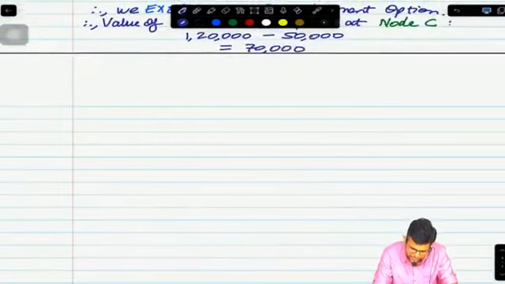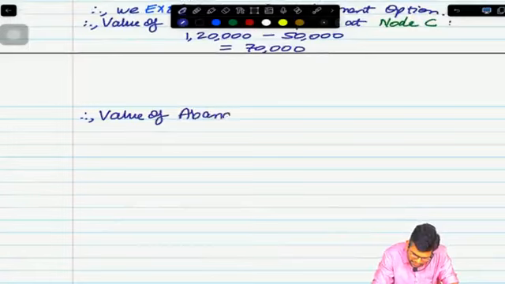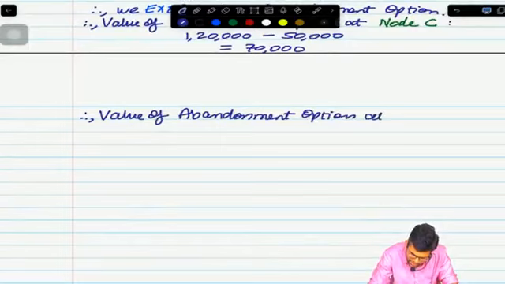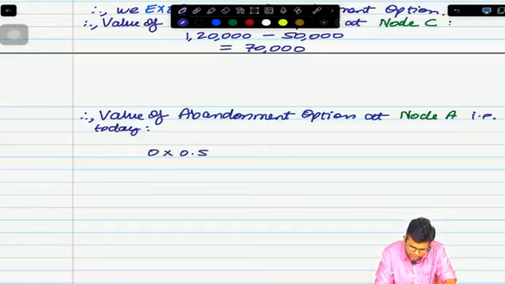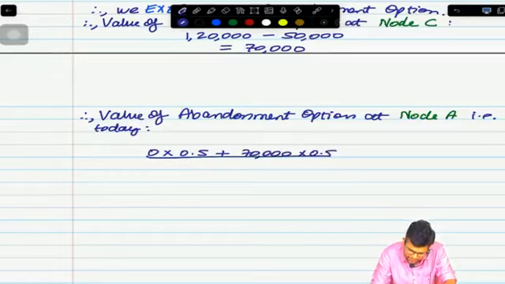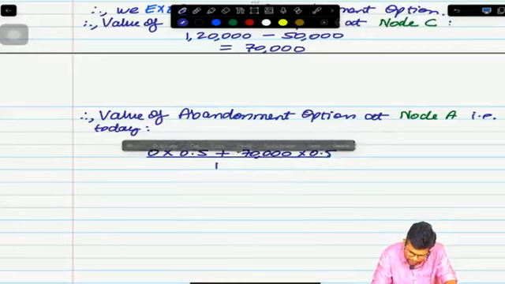Can I therefore say, value of abandonment option at node A, that is today, will be 0 into 0.5 plus 70,000 into 0.5 divided by, I hope everybody is following, 1.1.